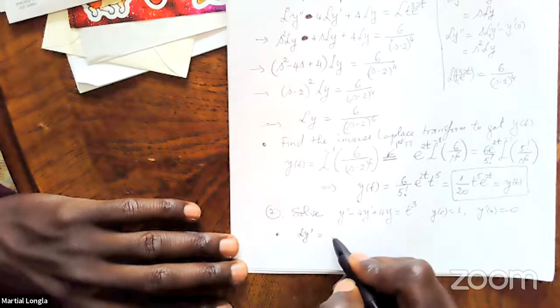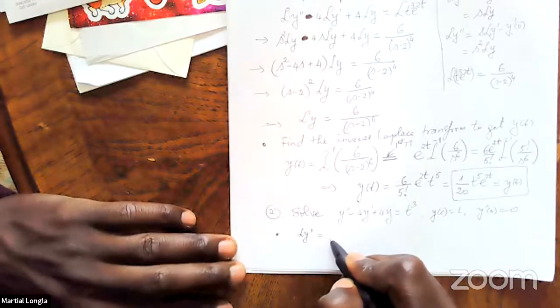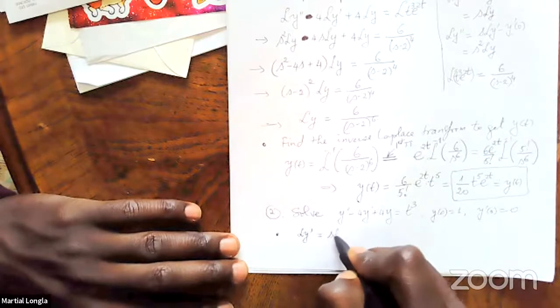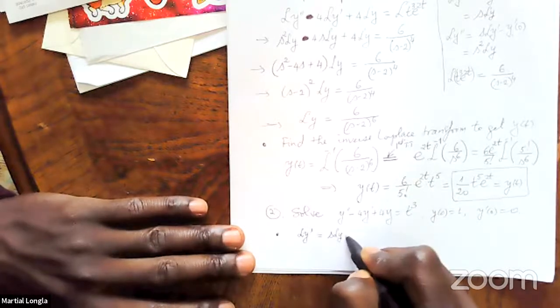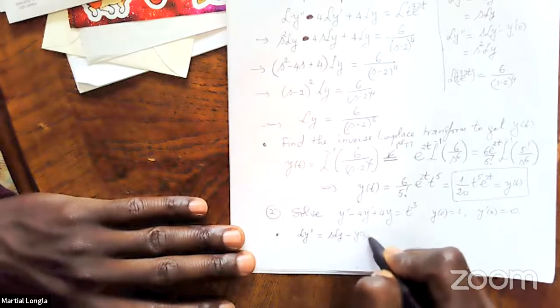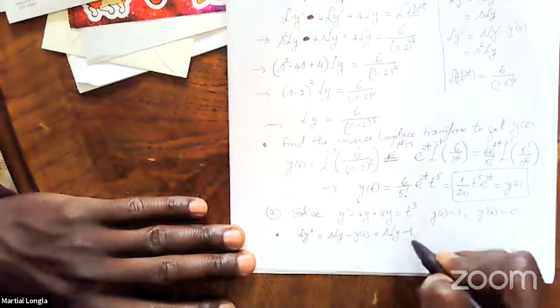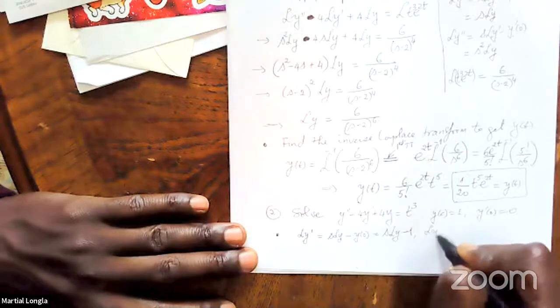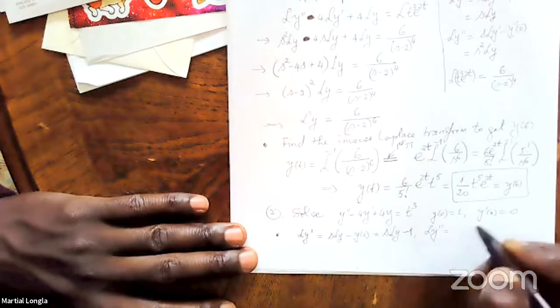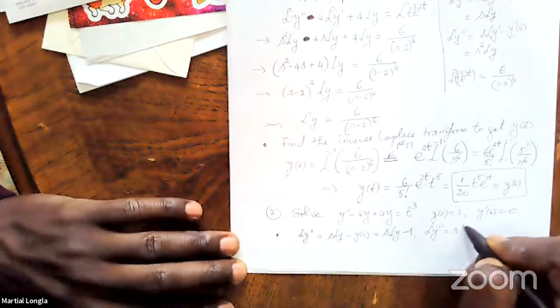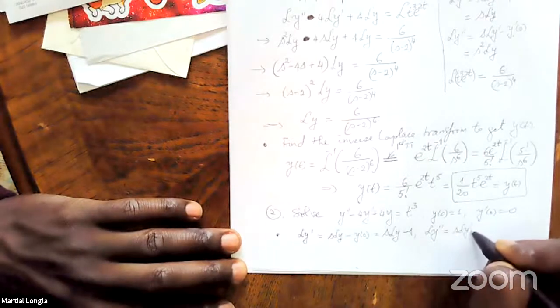So what's this one? It's going to be s times the Laplace transform of y minus y0, and y0 is 1. That's it. And so what's the Laplace transform of the second derivative? It's going to be s times the Laplace transform of y prime minus y prime of 0.